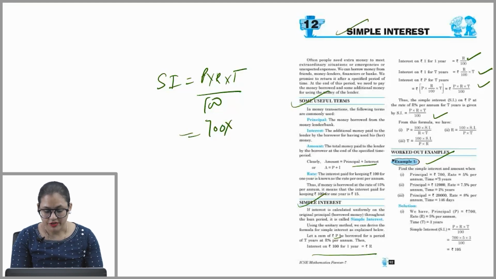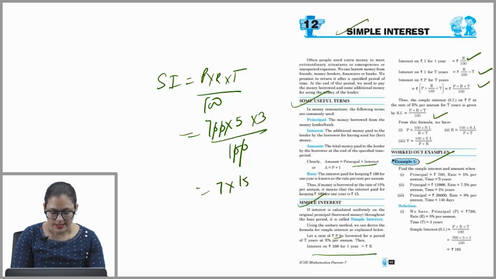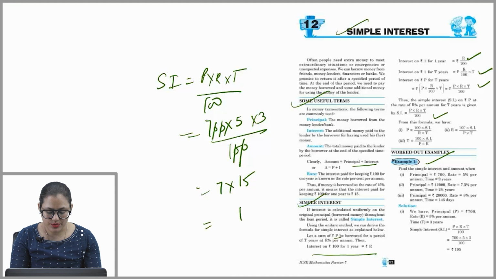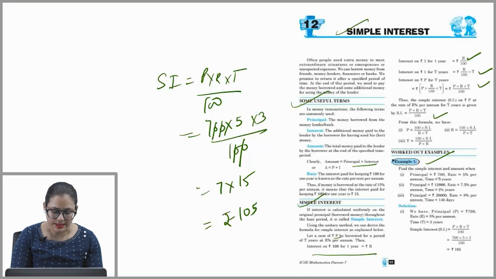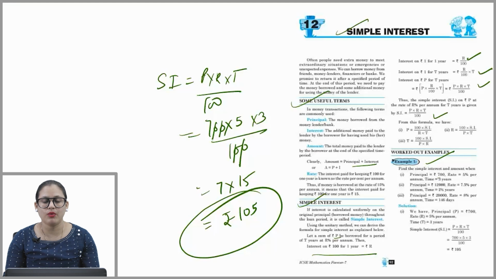Rate is 5% per annum and time is 3 years, upon 100. 0, 0 goes. 7 into 15, and 15 sevens are 105 rupees. So simple interest is 105 for this principal, which is 700.